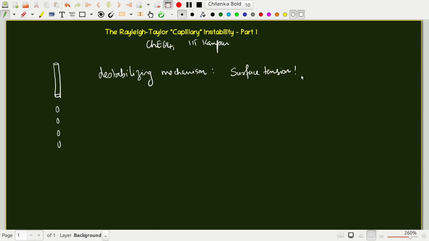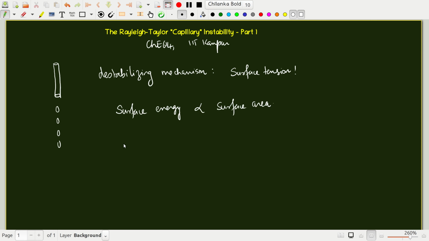So the key idea is the following. In general, surfaces or liquid interfaces tend to minimize their surface energy, and the surface or interfacial energy is directly proportional to the surface area of the interface.